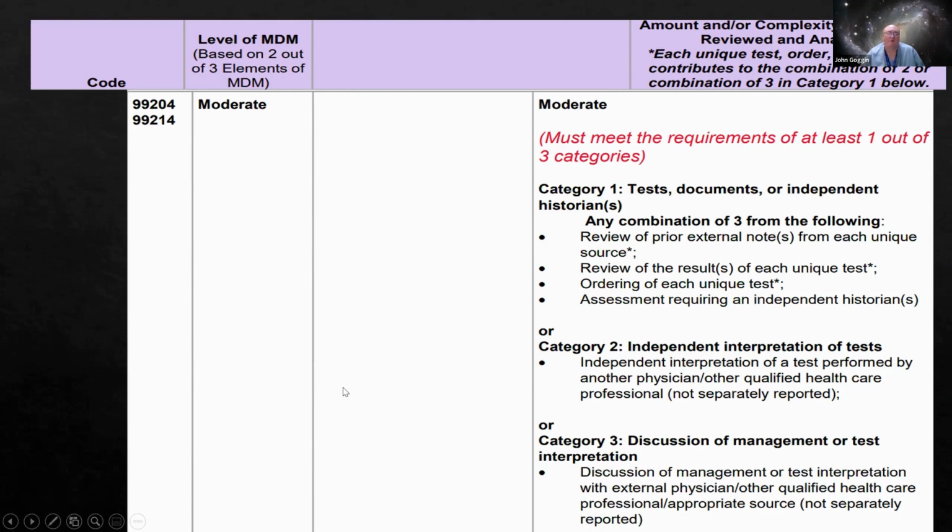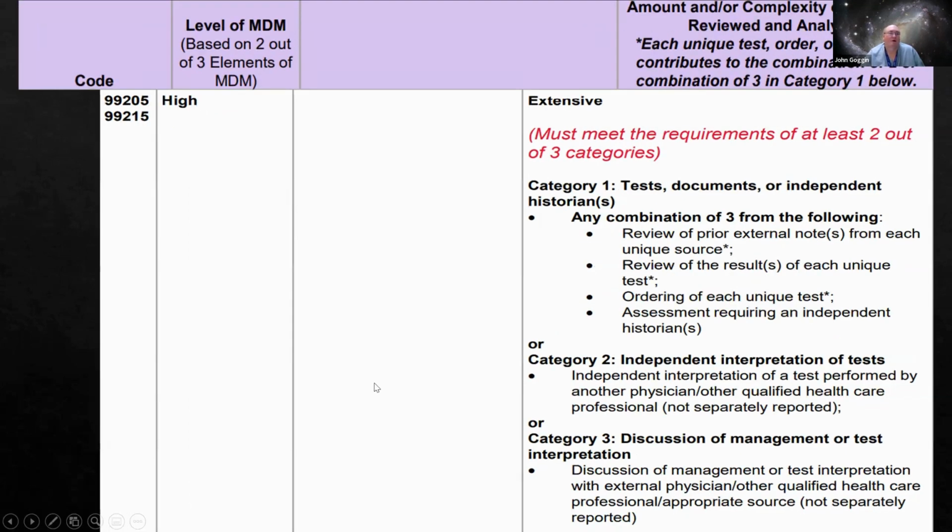Similarly, if you have a patient who has a calcaneal fracture and you're trying to decide how you're going to fixate it, and you want to discuss it with your partner, that doesn't count. And then a level 5 is essentially the same criteria as the level 4, but you need to hit 2 of these categories instead of just 1.